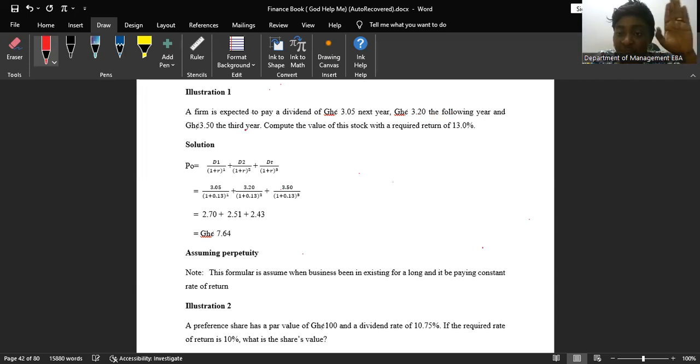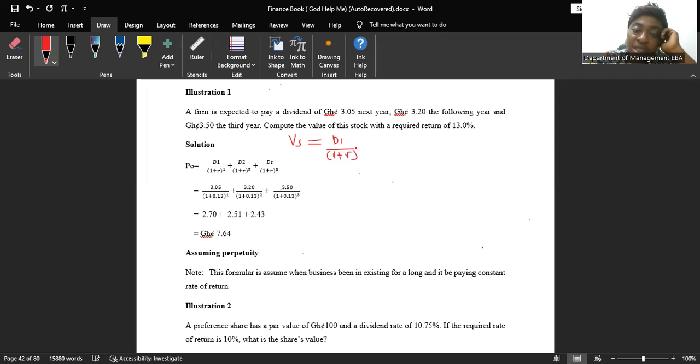To value the shares, I'm using VS. This is the formula. Based on the question, we have 3 cash flows, so we'll be discounting 3 cash flows.